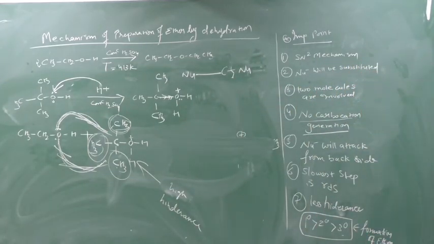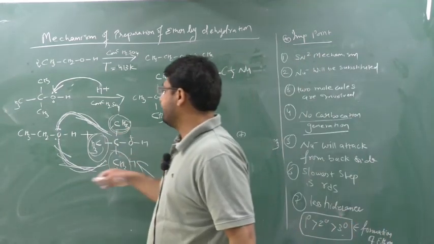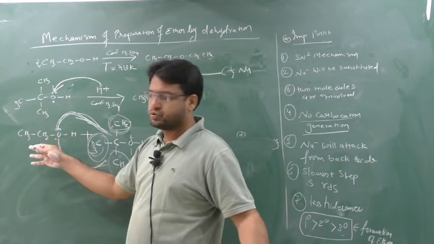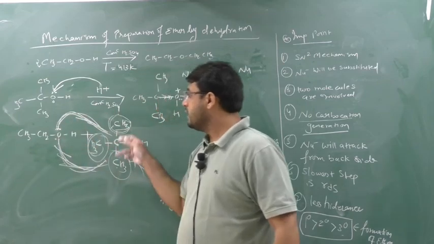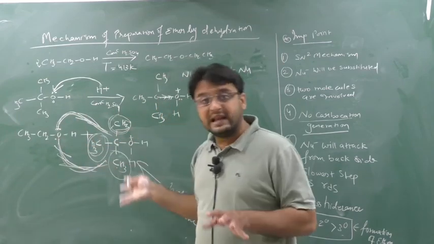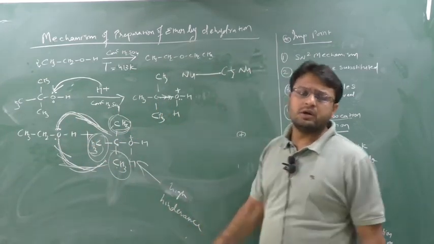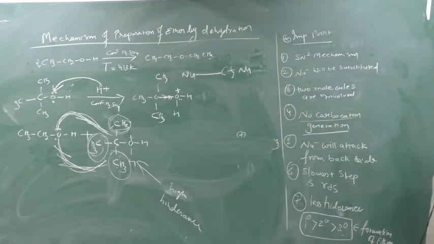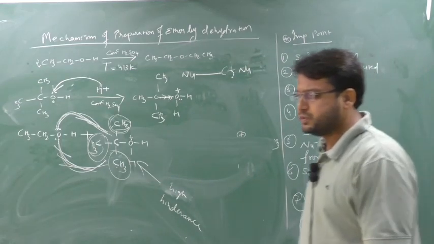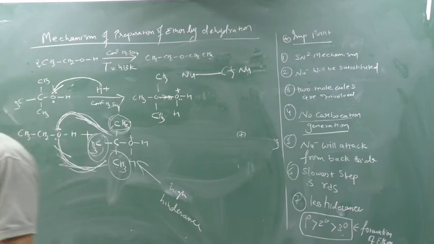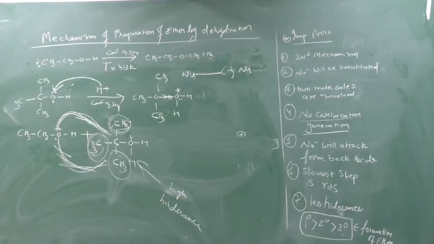And who should be less hindered? The one who is attacked. If this is 3 degree, 2 degree or 1 degree, it is not an issue, because this is attacking. The one who is attacked should be less hindered. This will be clearer in the Williamson synthesis reaction. So take a screenshot and read from your textbook, then go with the next class on the Williamson synthesis reaction. Thank you.